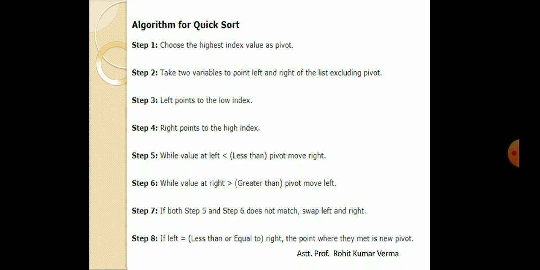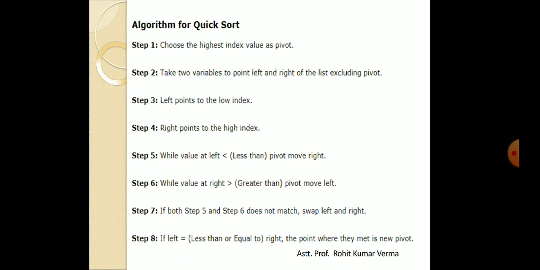If we get both elements, we perform swapping. And in other cases, whenever our left and right pointers cross each other, we perform an interchange where the low point is interchanged with the pivot element.